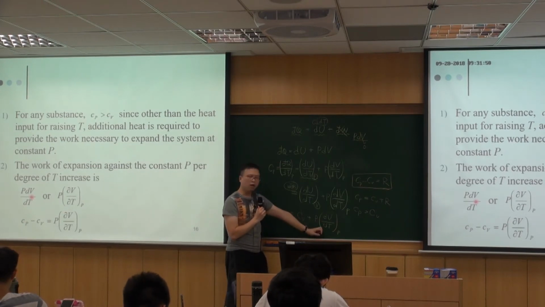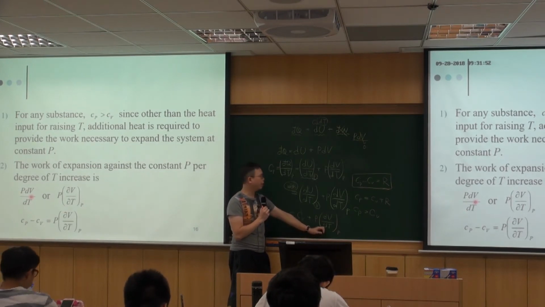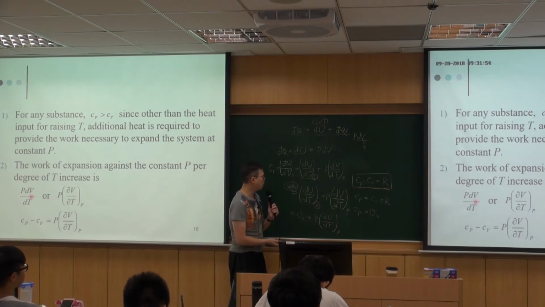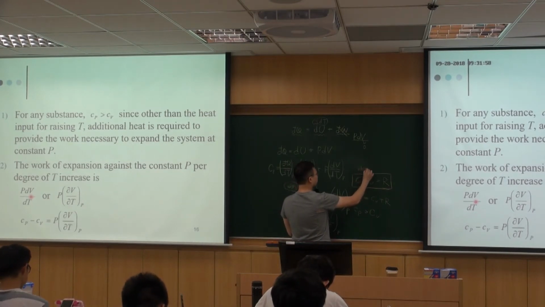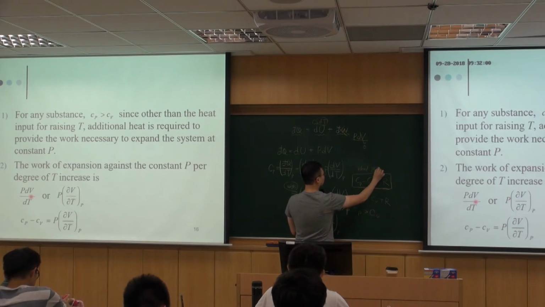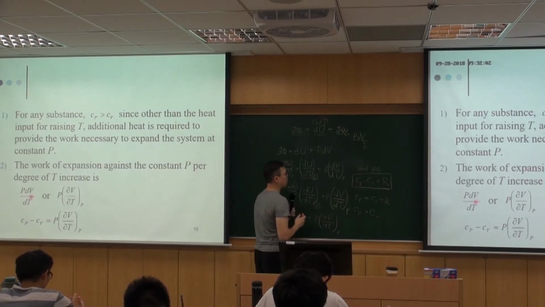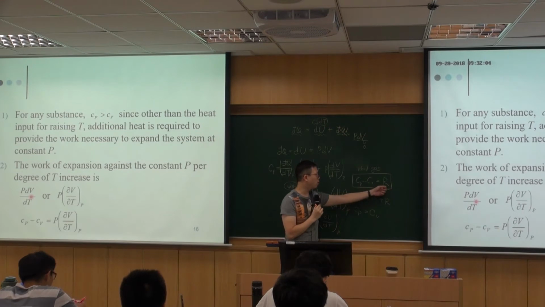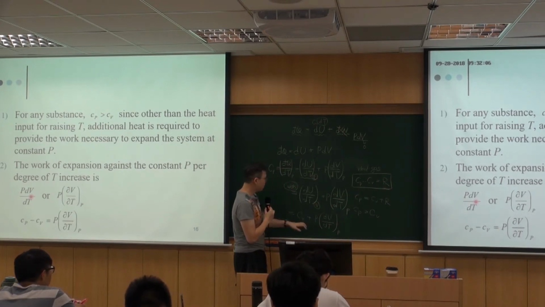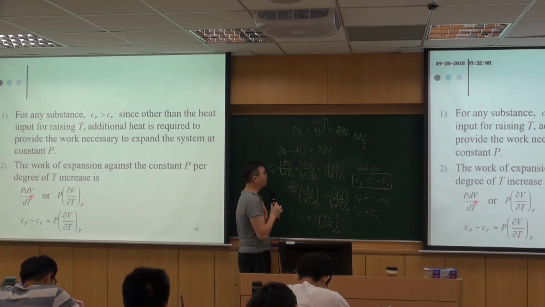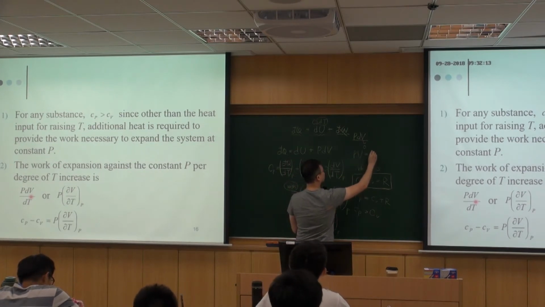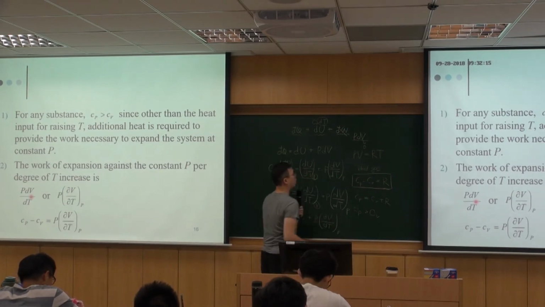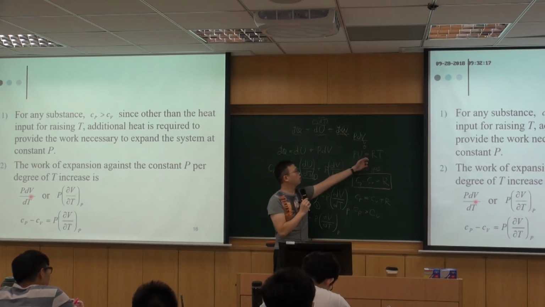And if this is an ideal gas, sorry again, this is only for an ideal gas. The relationship here between Cp and R is for an ideal gas. From the ideal gas law, we know that PV equals RT.